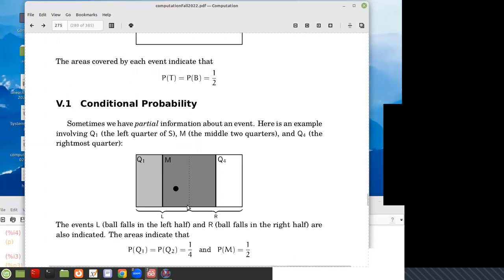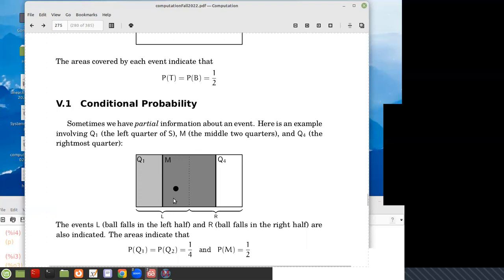Well, in some sense we want to know it's not in here. Since we know it's in the middle, we're asking for the number of outcomes in the left, given it's the middle, which is this quarter here, the intersection of L and M, which is quarter 2.